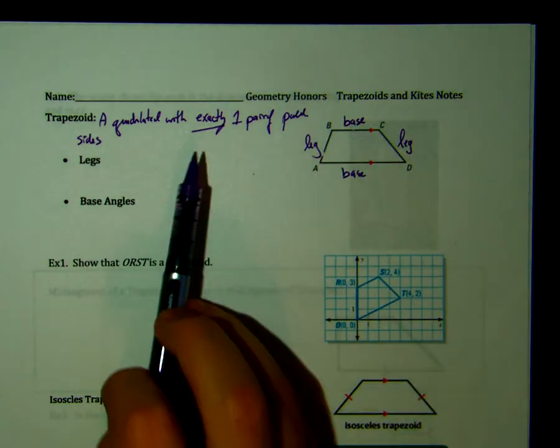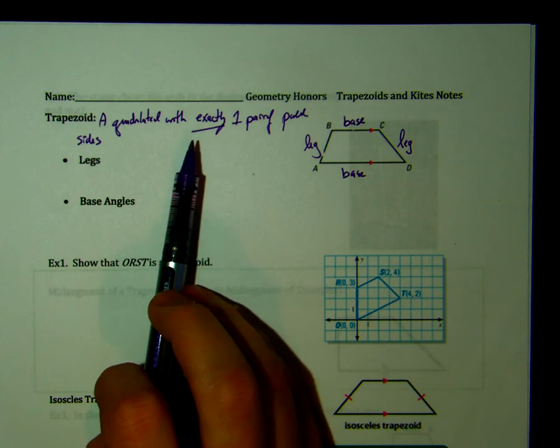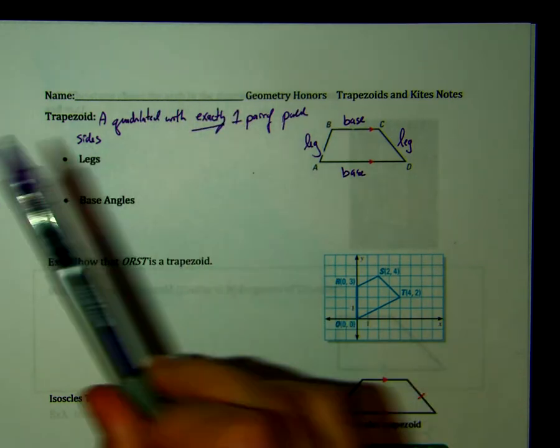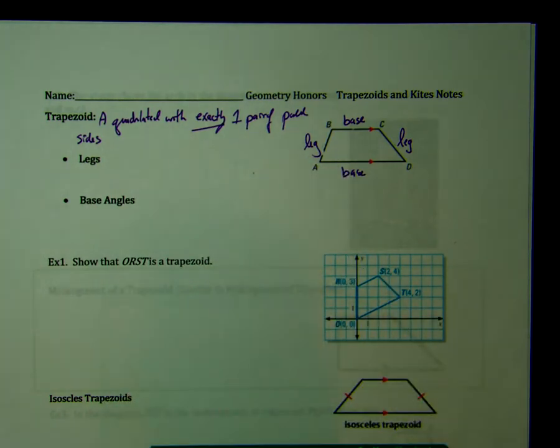All right. So the thing that makes this a little complicated is that you have exactly one pair of parallel sides. If you have a quadrilateral and you test one pair and you find that they are parallel, that does not make it a trapezoid, because parallelograms also have a pair of parallel sides.